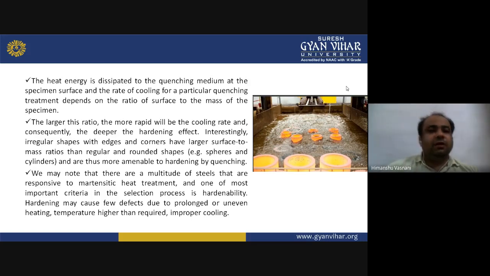Irregular shapes with edges and corners have larger surface to mass ratio than regular and rounded shapes, and thus are more amenable to hardening by quenching.